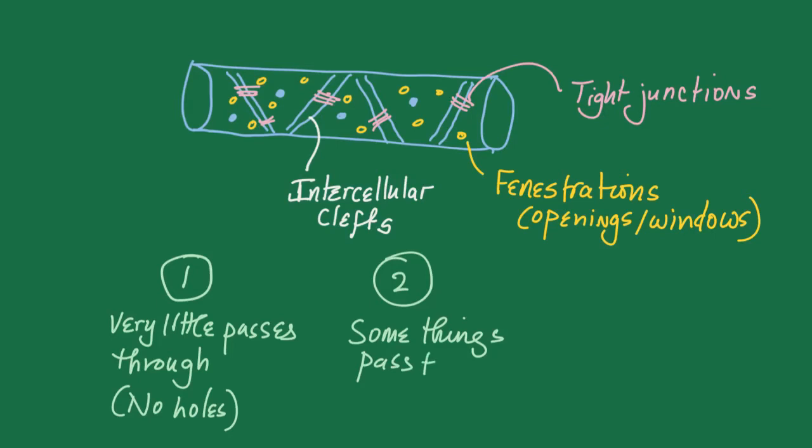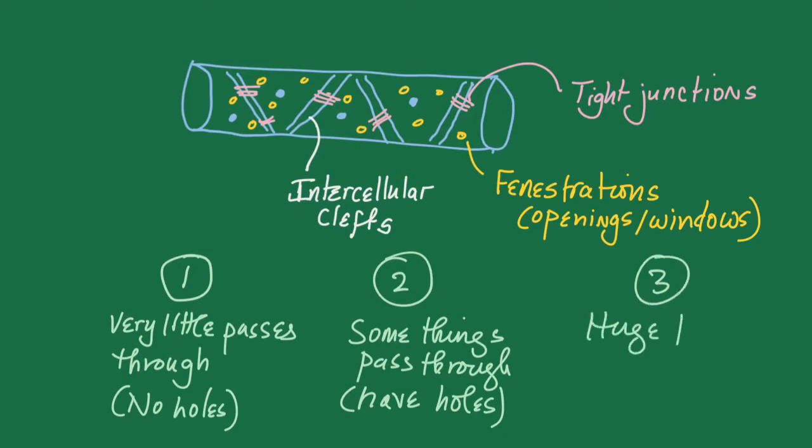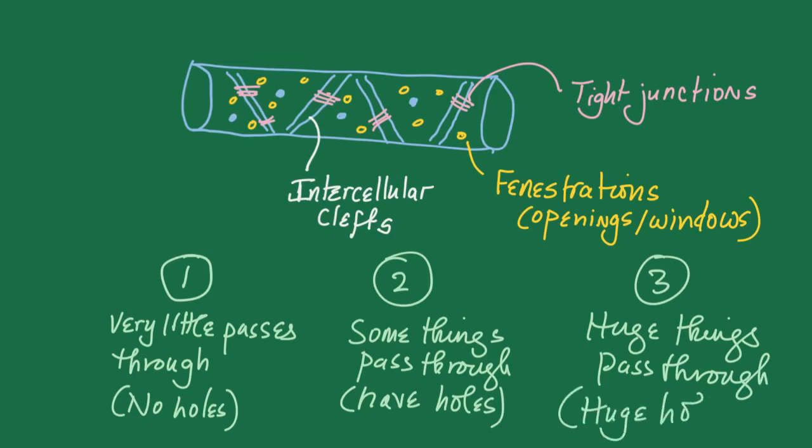And these holes allow some more things to pass through it. Small molecules and ions, for example, can pass through these fenestrations quite easily. The third type of capillary has large holes, so big things can pass through this capillary, large openings. So basically, we're talking about no holes, some holes, and huge holes.